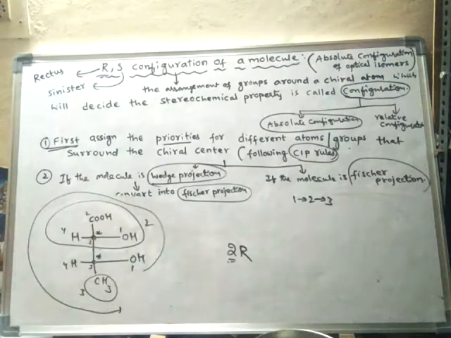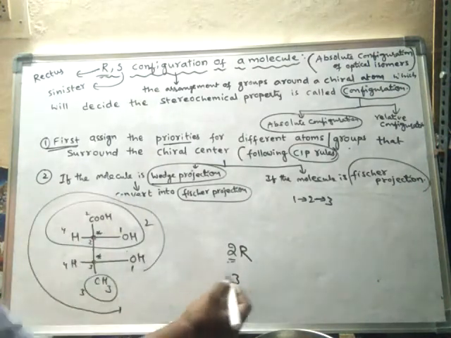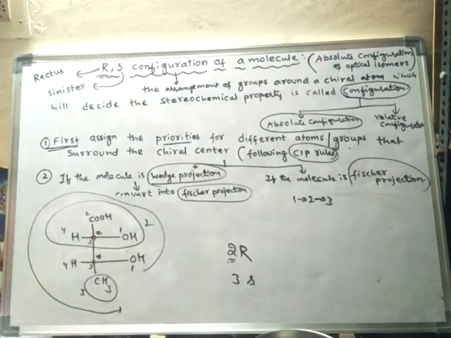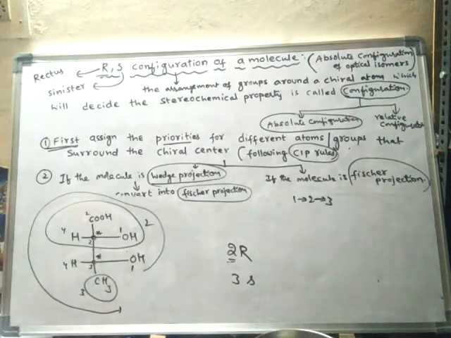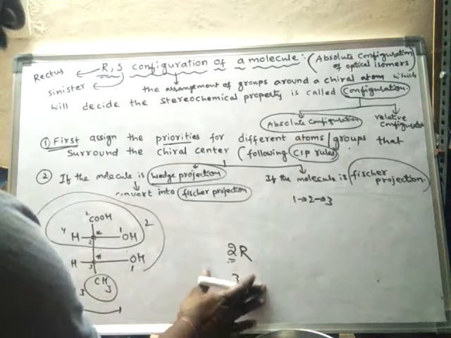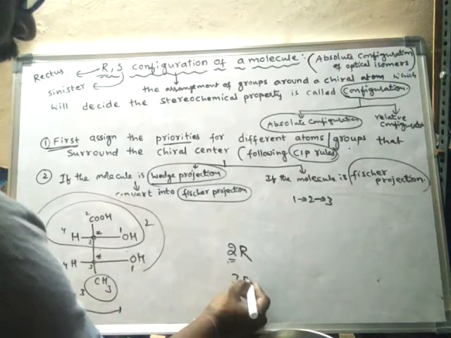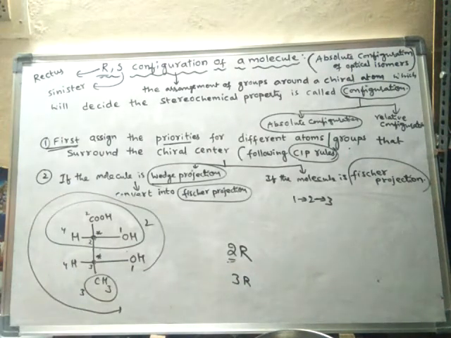So the third carbon's configuration is anti-clockwise, meaning S configuration. But the hydrogen here, the least priority group, is present on the horizontal line. Hence we have to reverse the configuration. So here it is R. Even the third carbon is also having R configuration.